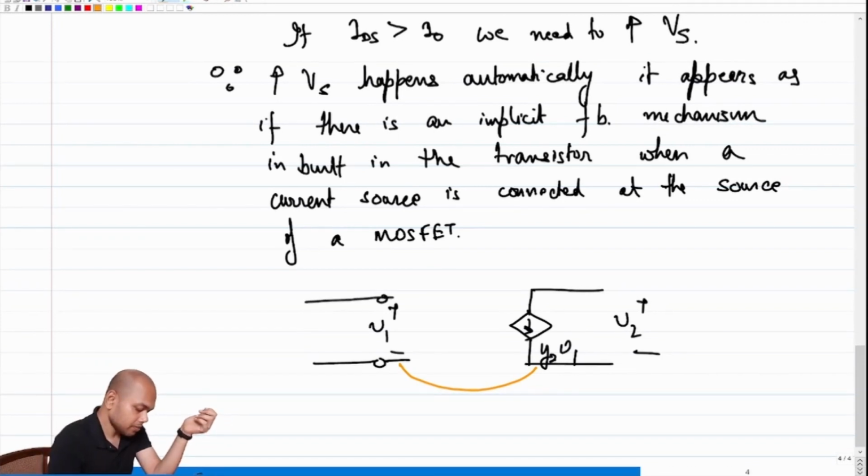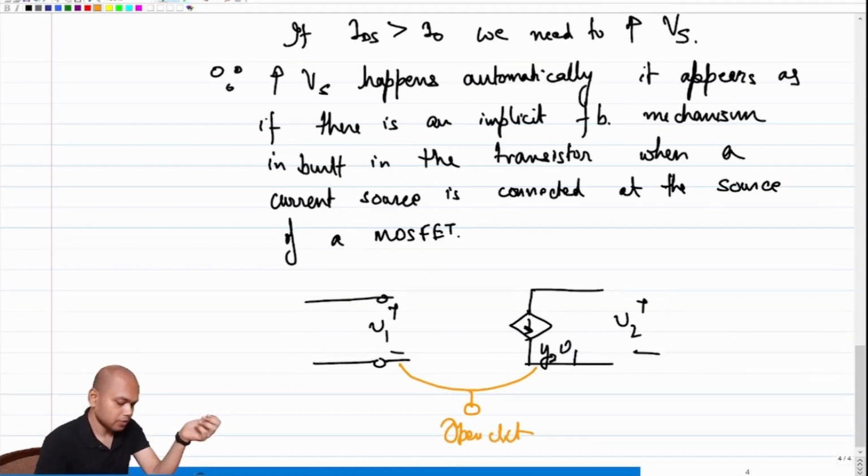Why? Because note that when we put a current source in the actual picture, in the total picture, what are we doing to the incremental picture? We are opening it, right? So this is open circuit here, correct? This is open circuit in our transistor model. So if I have to complete the picture, what is the drain connected to?